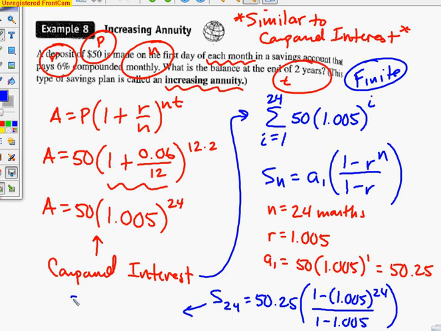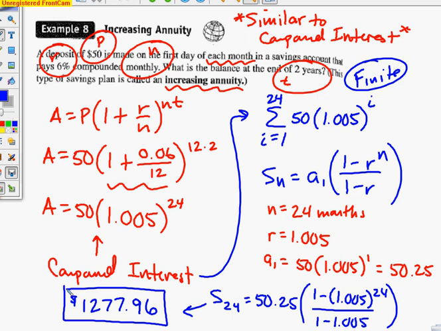I got a number rounded to money, 1277.96. Okay? And again, that's how much money you would accrue over the 24 months if you put $50 in each month. All right? So again, a little bit different to compound interest.